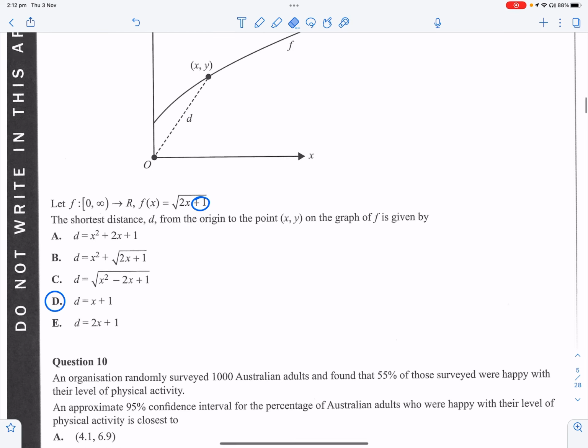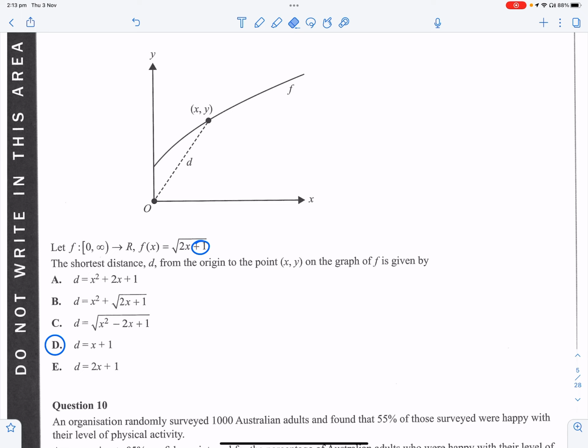The shortest distance d from the origin. That's just, I don't know why they're saying the shortest distance. Like, the distance from the origin is that. Is that right? So if I get 2x plus 1 square rooted and squared plus x squared square rooted, that's the distance from the origin.